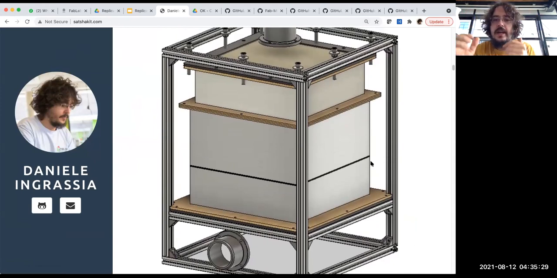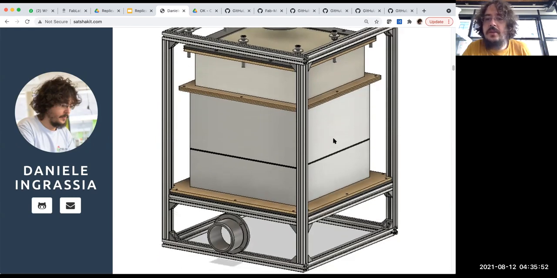So many filters have a fan integrated inside. But this fan is not usable elsewhere. It's inside the filter, and you cannot detach it and use it to exhaust something else. So it's not modular. It's a closed black box. So with this filter, we decouple the fan from the filter itself.